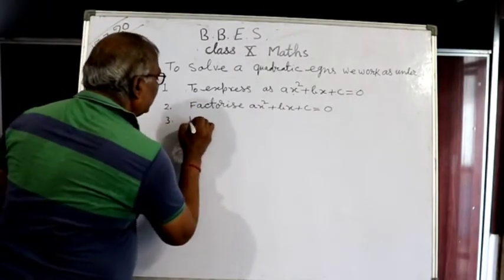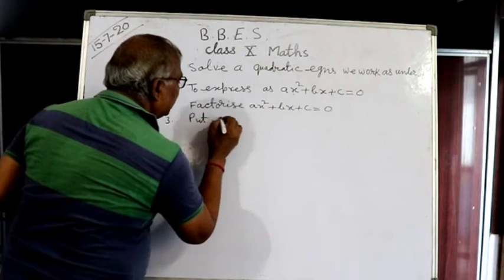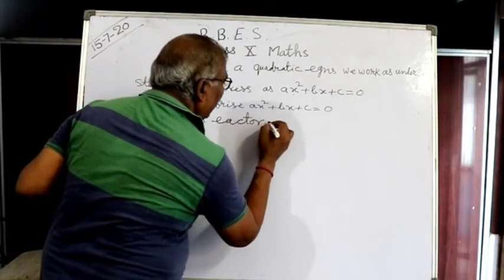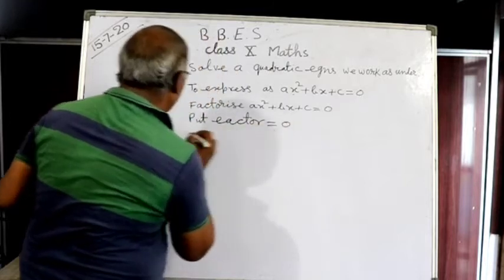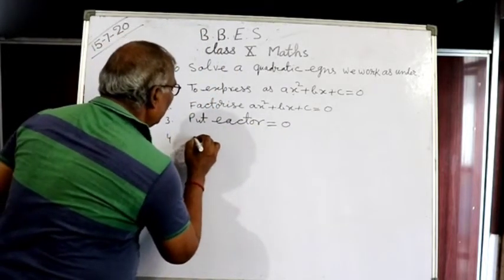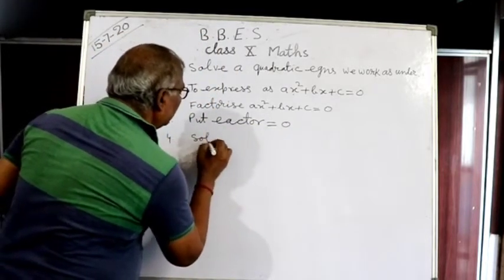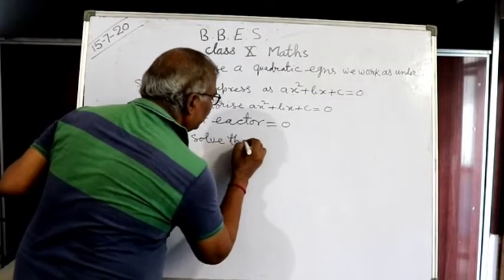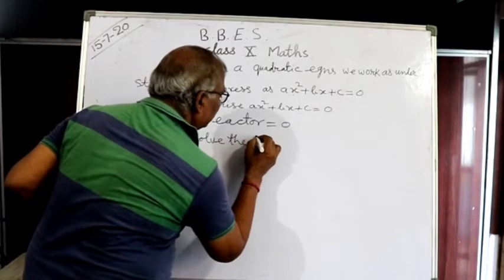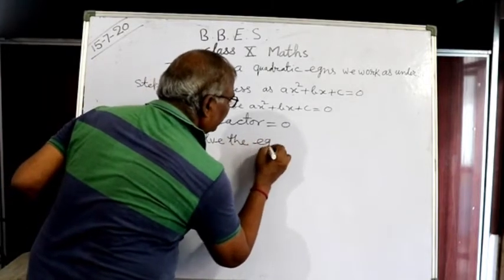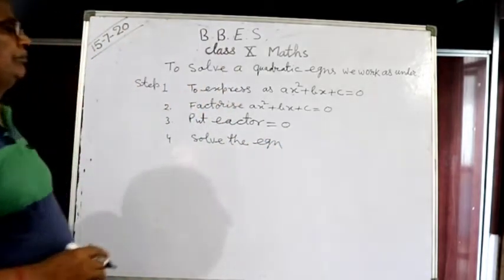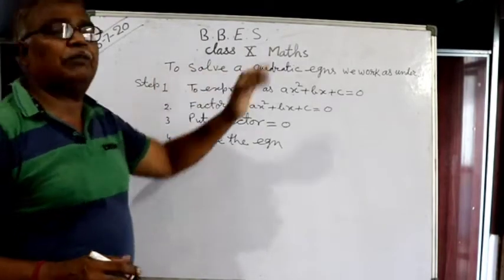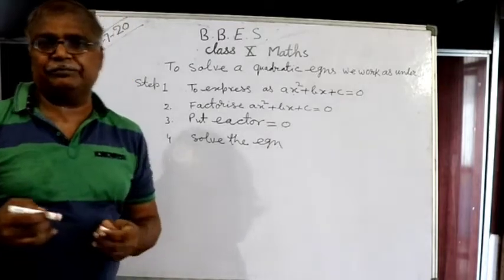Third, put each factor equal to 0. Fourth, solve the equation. Solve the factors. These are the 4 steps to solve a quadratic equation.